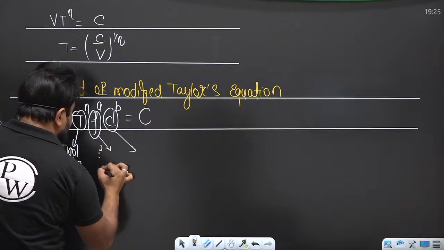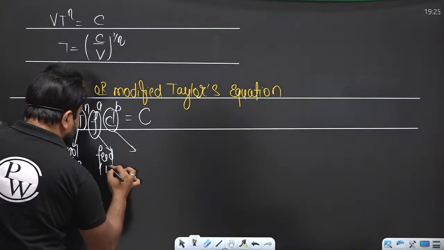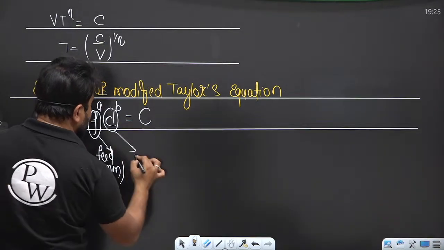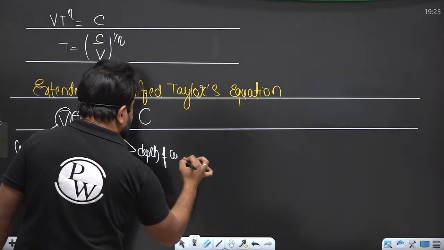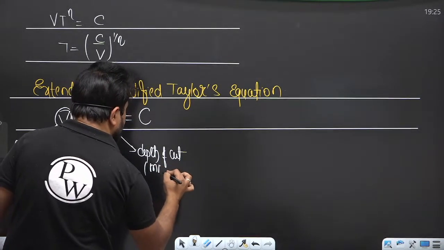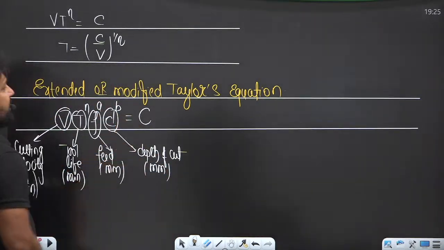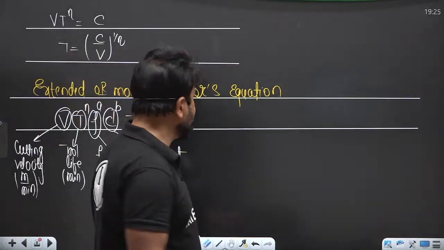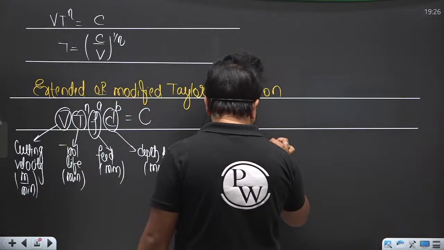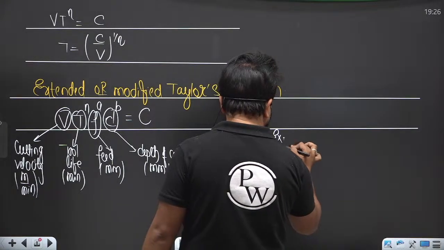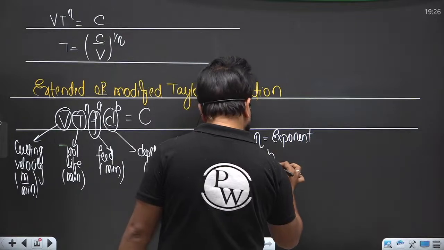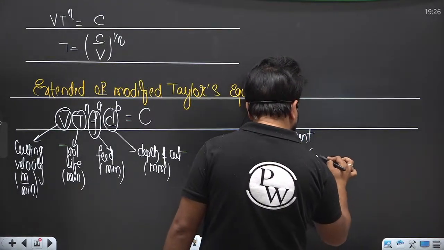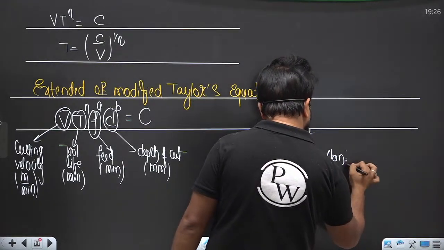F is the feed, with the unit per pass. D is the depth of cut. N, as you know, is the exponent, and a, b and C are constants.